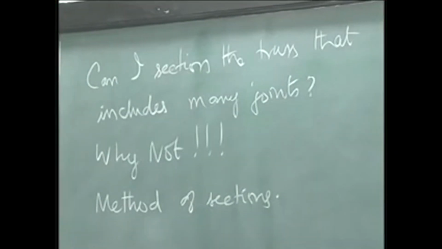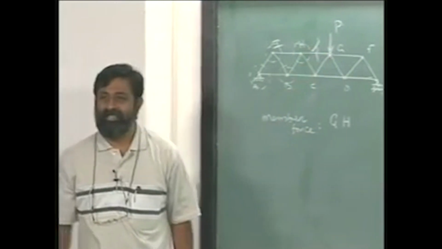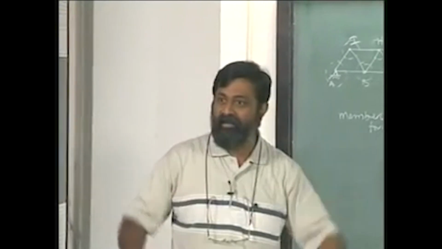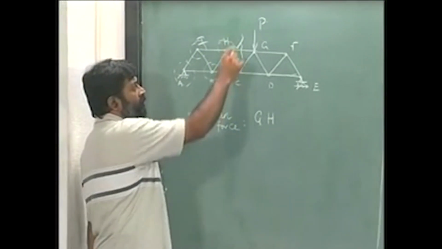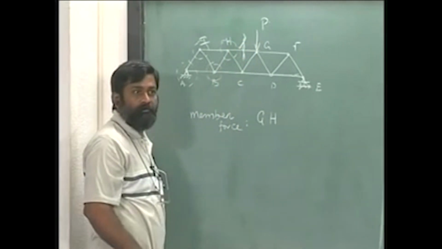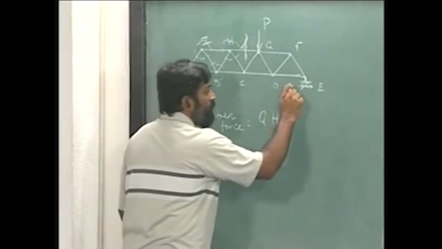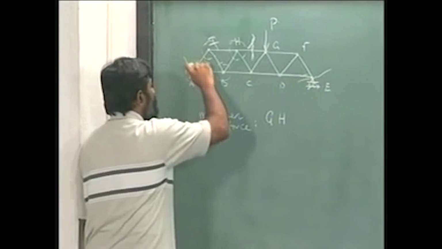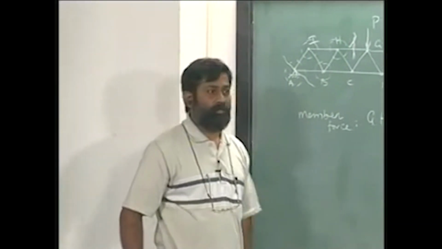Of course, one of the important things that I have to do is I have to section GH, then only I can reveal the forces in it. Okay. So, one important thing I know is I have to section, I have to remove the supports so that there is no more attachment to the fixed frame of reference.